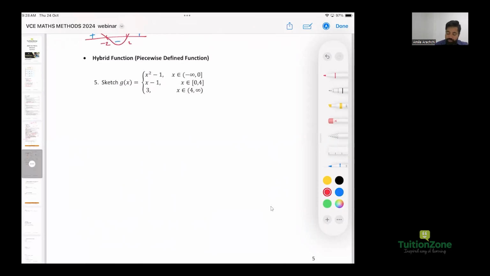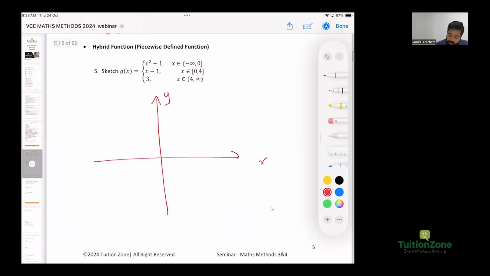All right, so the first equation, y equals x squared minus 1. Make sure you draw it: x squared minus 1 goes through negative 1. It's a parabola. What are the values?